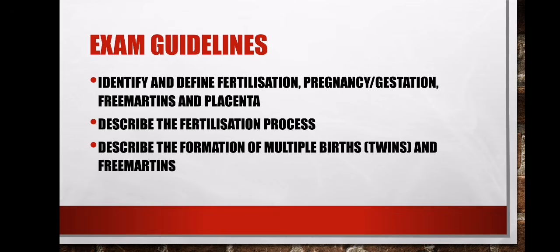We will continue, good people, and describe the formation of multiple beds. We have three types of multiple beds, or three types of twins. You have to know how each twin develops: how we form a monozygotic twin, how we form a dizygotic twin, and how a FREEMARTIN is formed.